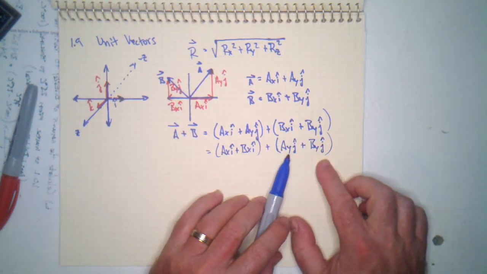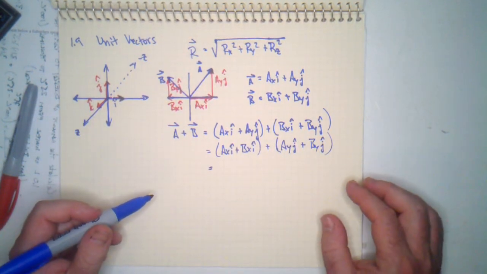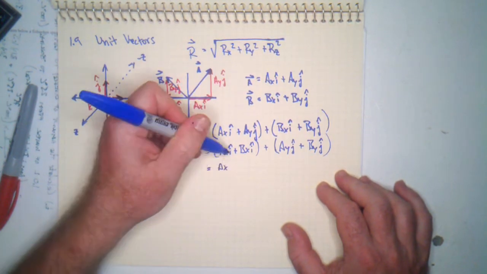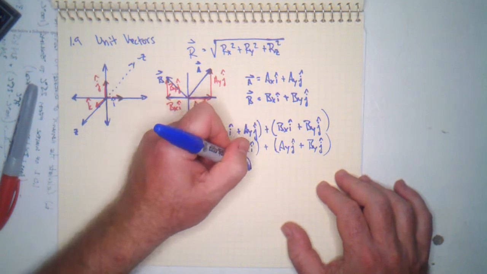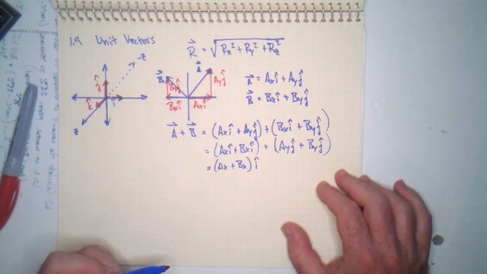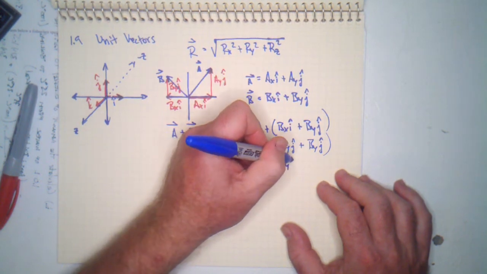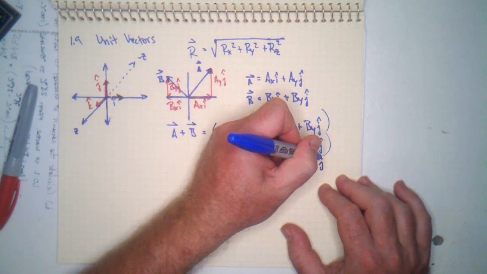Now, see, you got j's in here and i's in here. Well, we can just factor those out. So we can have Ax plus Bx i hat plus Ay plus By j hat.